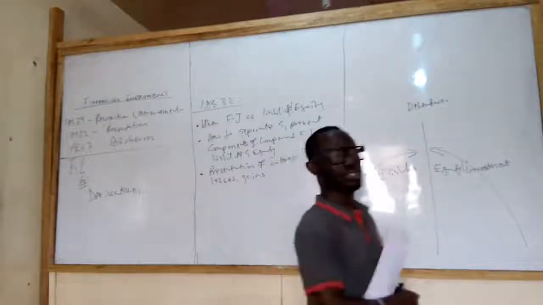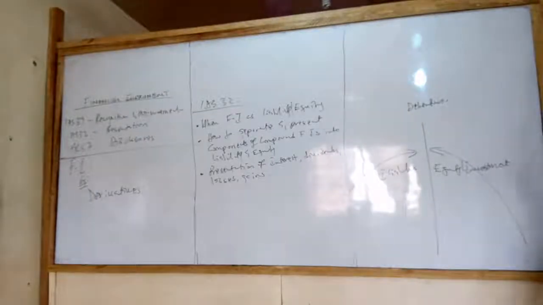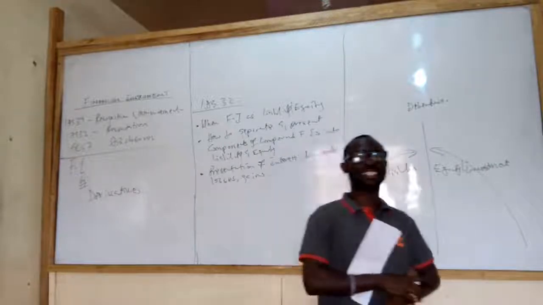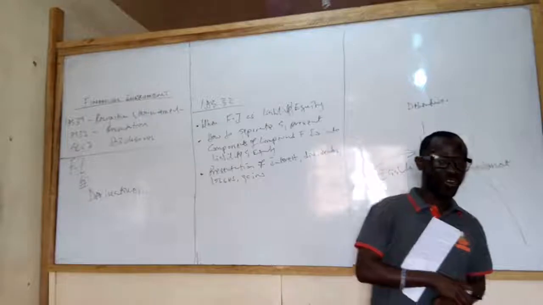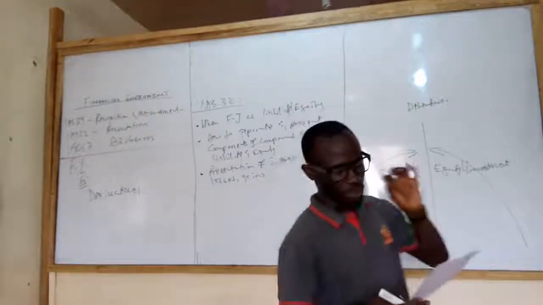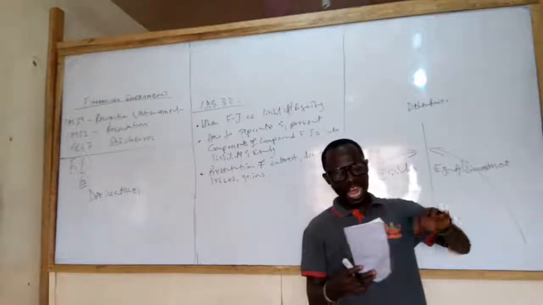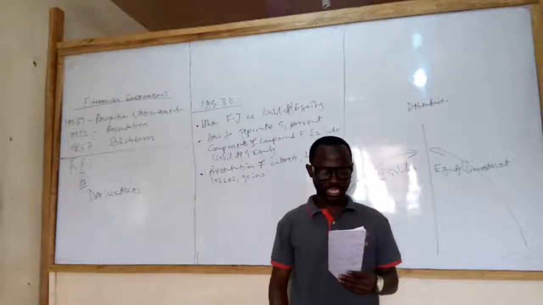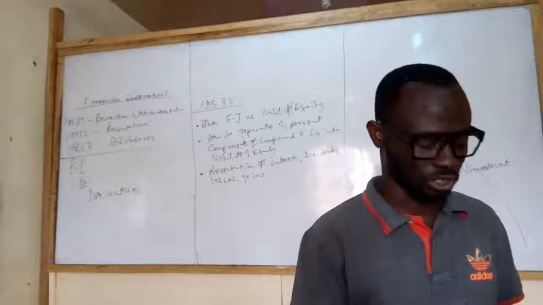And what are some examples you can give me about derivatives? Swaps. Currency swaps, currency futures, forwards, those things. These are referred to as what? Derivatives. So we can say that derivatives are contracts that allow entities to speculate on future changes in the market at a relatively low or no initial cost.